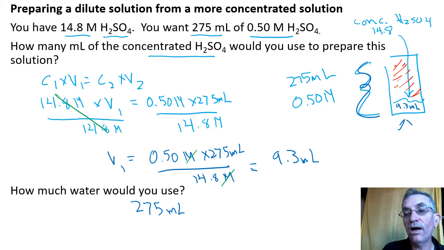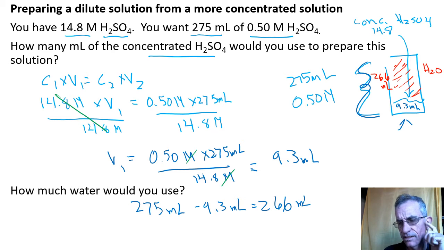So we just need to subtract. You subtract 9.3 and you get 266. So you would use 266 milliliters of water, mix it with 9.3 milliliters of the 14 molar sulfuric acid, you'll get your half molar solution.